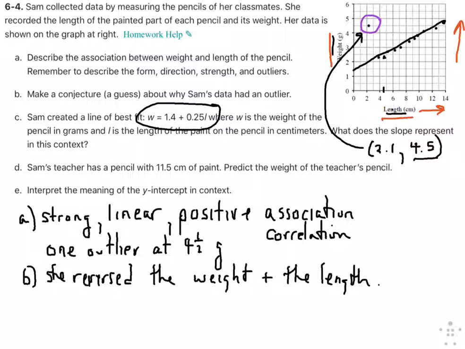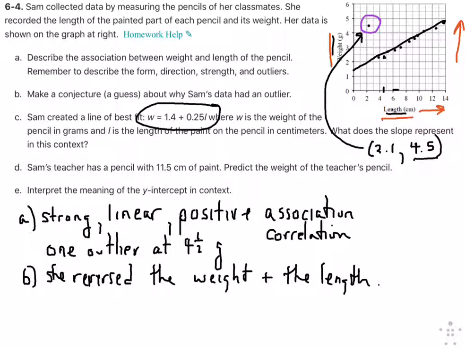Slope is the change in y over the change in x. So as the length changes 1, what happens to the weight?